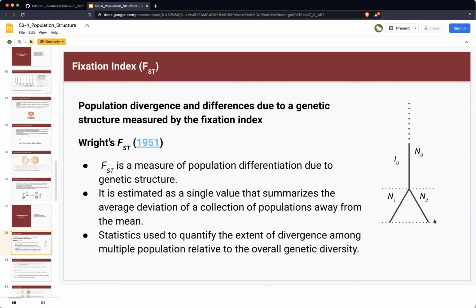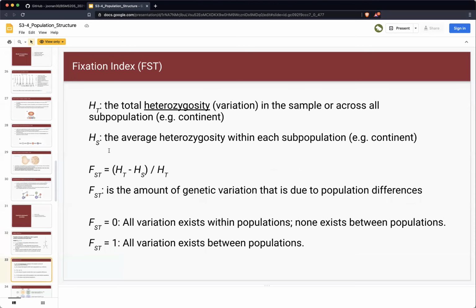So these two populations could be totally different, they could be quite similar, or they could be the same, right? So the fixation index quantifies how similar or different two populations are, right? So how do we measure the fixation index? We use the level of heterozygosity, right?